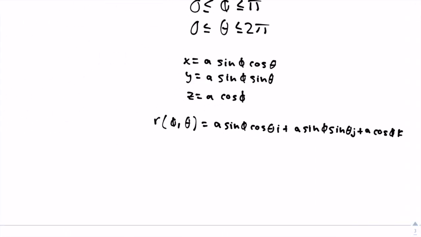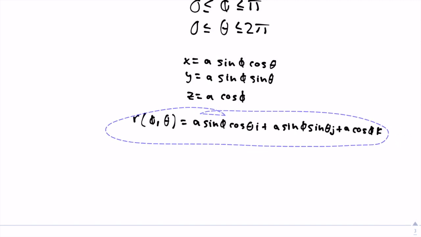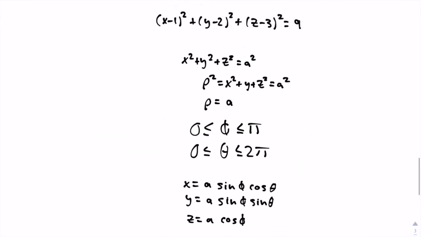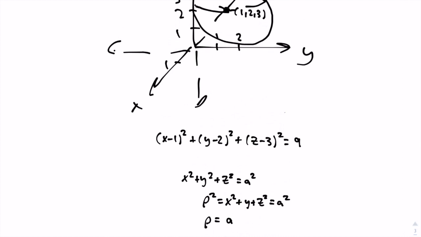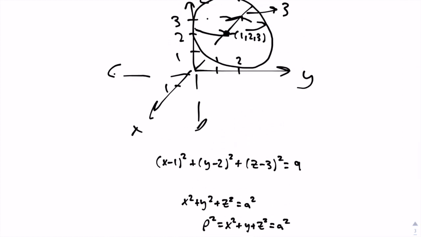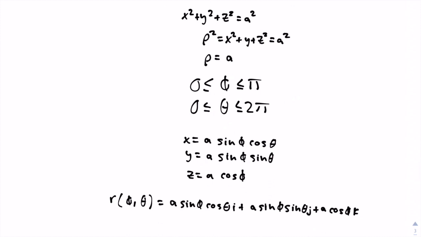And right there, that is our parametric equation or parametrization for any random sphere, any full sphere centered at the origin with an arbitrary radius a.